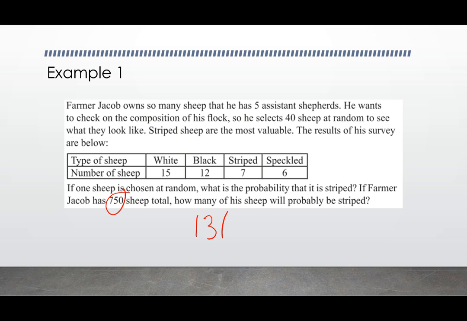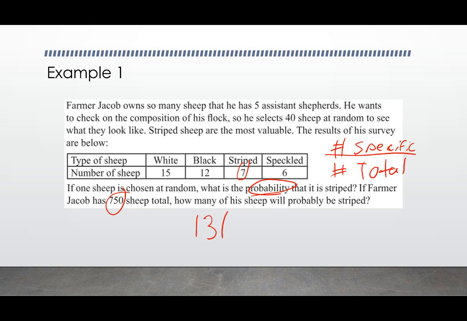I really don't know how to explain it, which kind of sucks as someone who's supposed to be good at explaining things. But yeah, if you want to find probability, you're going to take the number specified, or specific, the thing you're looking for, which was 7 striped, divided by the number in total.